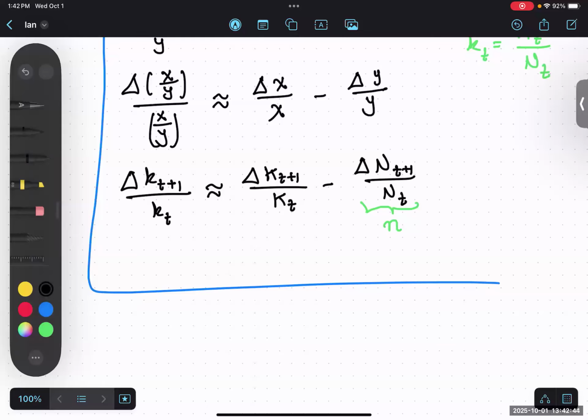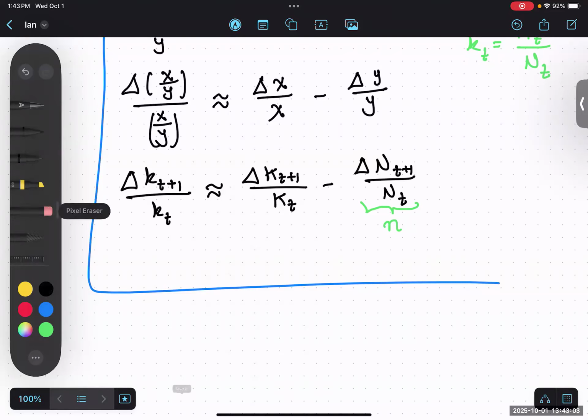In other words, if from this expression you solve for delta kt plus 1, but I'm referring to the aggregate change, then you will have an expression that looks like this.